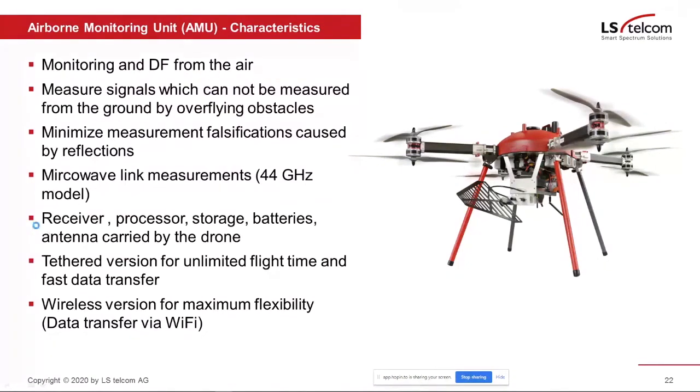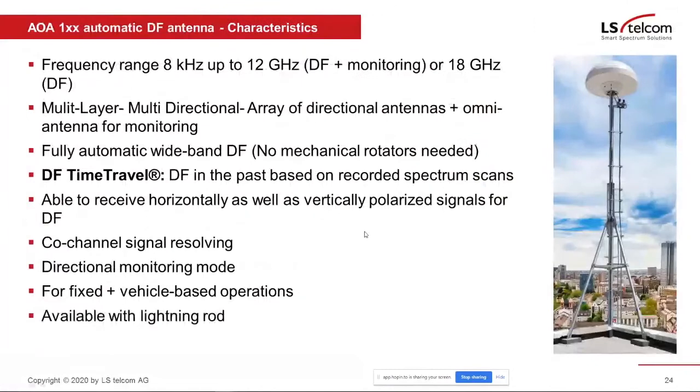Okay, so we also have our own direction finding system to locate, to triangulate emitters. It's our AWA1XX automatic DF system with one antenna. We have different versions. One version, which includes direction finding and monitoring functionality, goes from 8 kilohertz up to 12 gigahertz, everything with only one antenna.